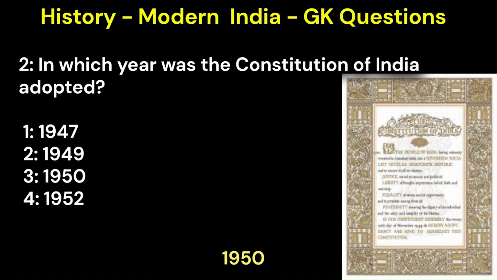The process began on 9 December 1946 with the Constituent Assembly's first meeting and took over 2 years to complete. 26 January was chosen to commemorate the 1930 declaration of Purna Swaraj, complete independence, by the Indian National Congress. The Constitution laid the foundation for India's democratic governance and remains one of the world's longest written constitutions.